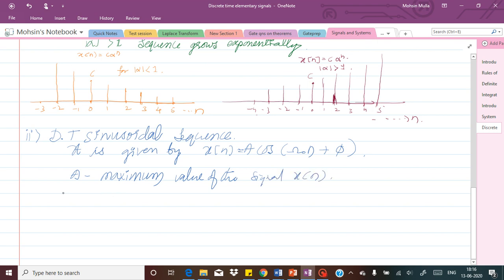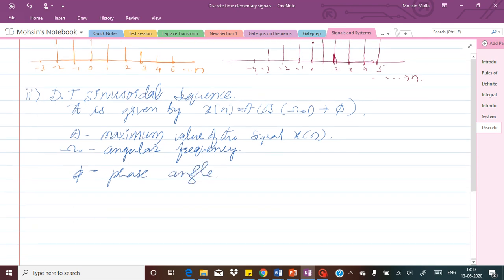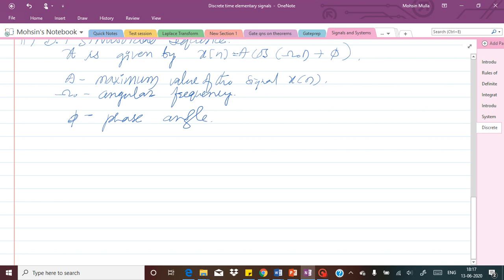Omega naught is the angular frequency, then there is phi, the phase angle. If this particular signal needs to be drawn, then it will look somewhat like this.